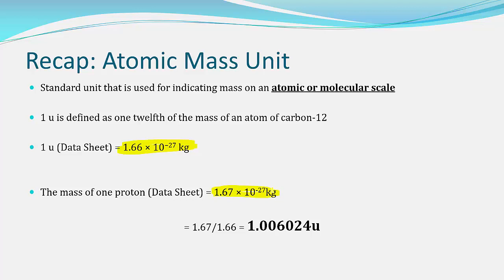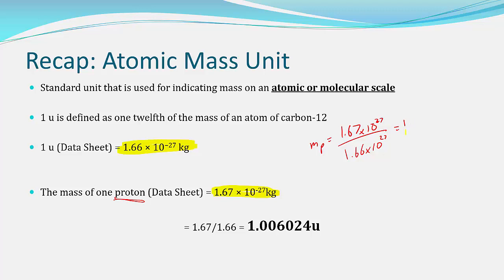So if we wanted to then work out what the mass of a proton or a neutron was in terms of atomic mass units, what we would do is we'd say that this is just 1.67 times 10 to the negative 27, and we divide that by what one atomic mass unit represents in kilograms.